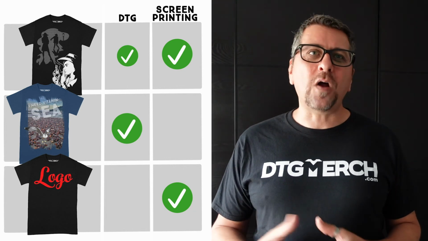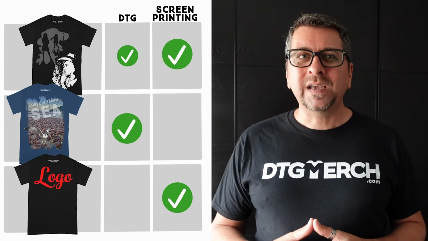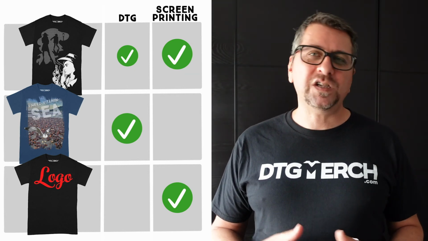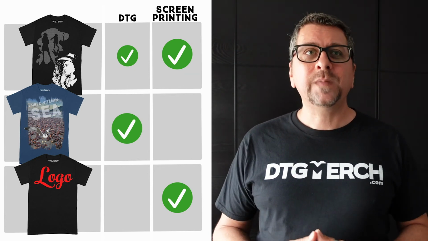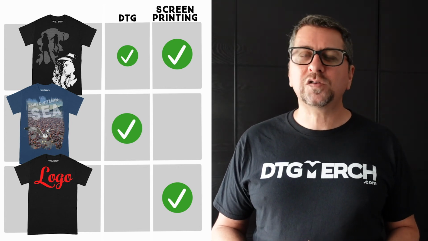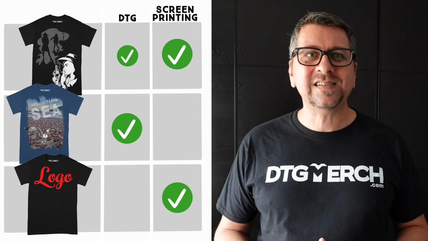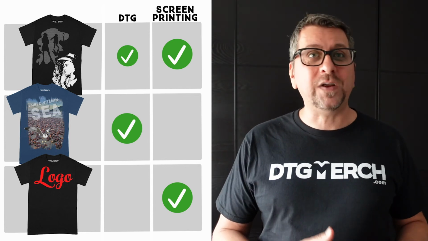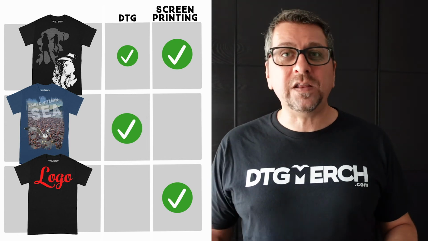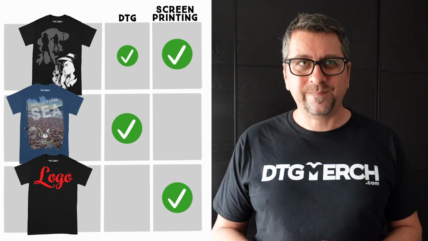If you look at the problem from this perspective, the decision is actually quite easy. If you need to match a specific spot color, use screen printing. If you want to print lots of colors or photorealistic designs, use direct-to-garment printing. For all other kinds of designs, you can use either method.